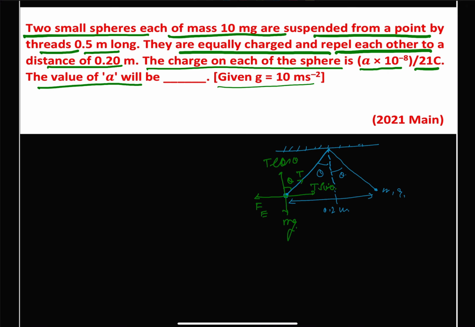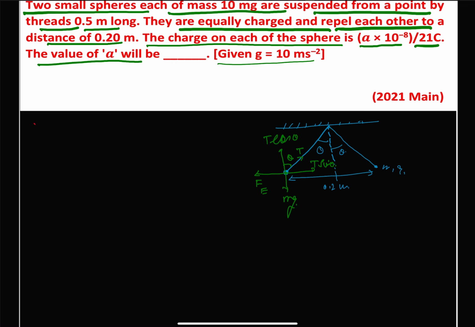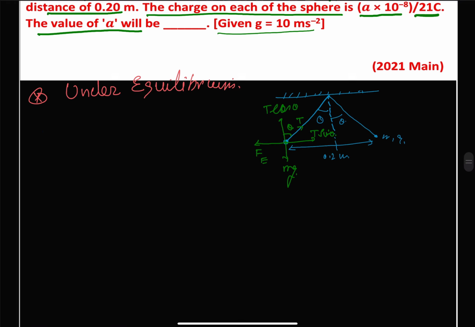So under equilibrium, for the horizontal forces, we have T sine of theta equal to our electrostatic force, which is K Q square upon R square, where R is this distance.